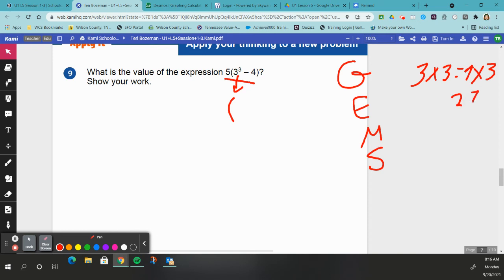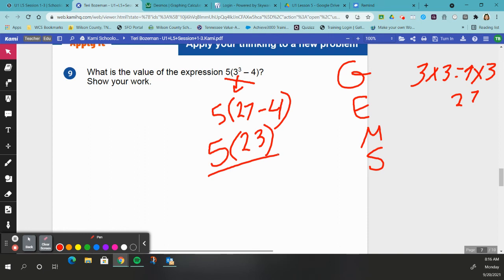Which would be 27. So 27 minus 4, and then of course we have to remember to bring our 5. 27 minus 4 would be 23 times 5. So you're going to multiply here and then get your final answer, your solution, after you have found the value of that expression.